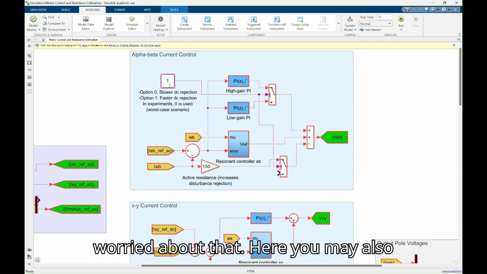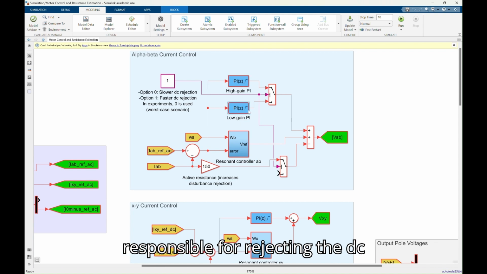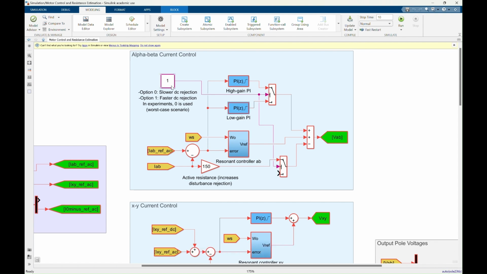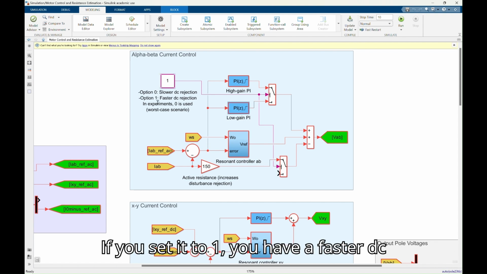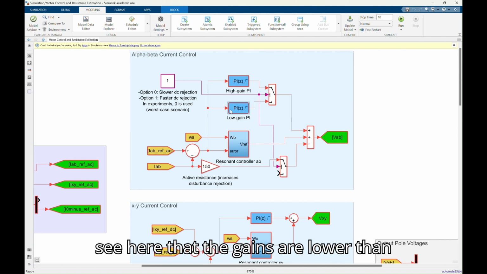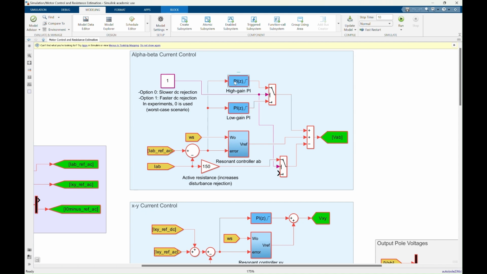Okay, so here you may also note that we include two different alternatives for the tuning of the gains of this PI controller that is responsible for rejecting the DC component in the alpha beta plane. So if you set it to 1, you have a faster DC rejection because the gains are higher. Okay, you can see here that the gains are lower down in here.